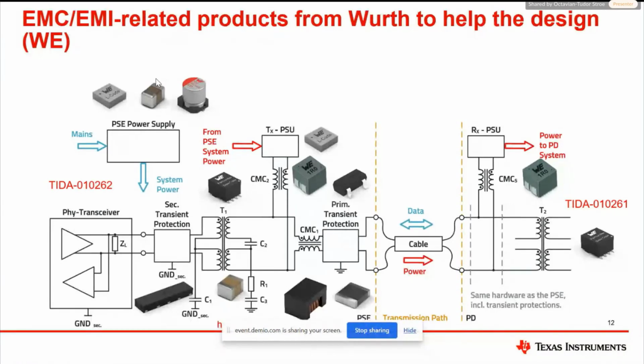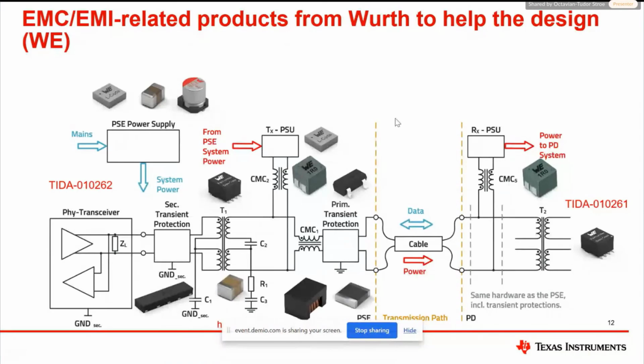So we have a complete portfolio for any kind of application. Also, the magnetics, in this case transformer 2, transformer 1, common mode choke 1, and common mode choke 2, have to be selected in a way to meet the droop, the return loss, and the mode conversion, which are specified according to the IEEE 802.3cg standard.